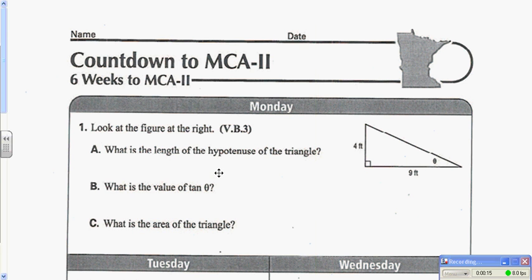Looking at the triangle on the right, what is the length of the hypotenuse? Well, this is a right triangle, which means we can use the Pythagorean theorem, which is to say the two legs squared and added together give you the length of side C squared.